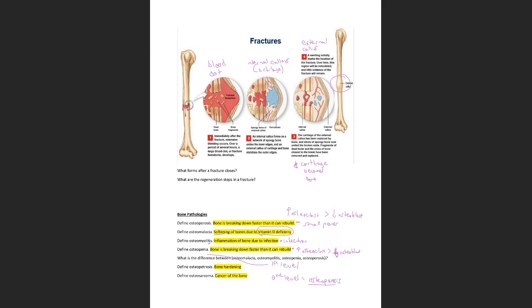So osteopenia is the first level of bone being broken down faster than it can rebuild. If that is left untreated, then osteoporosis comes into play, and that is very painful. Next, we have osteopetrosis, which is bone hardening, and then osteosarcoma, which is cancer of the bone.